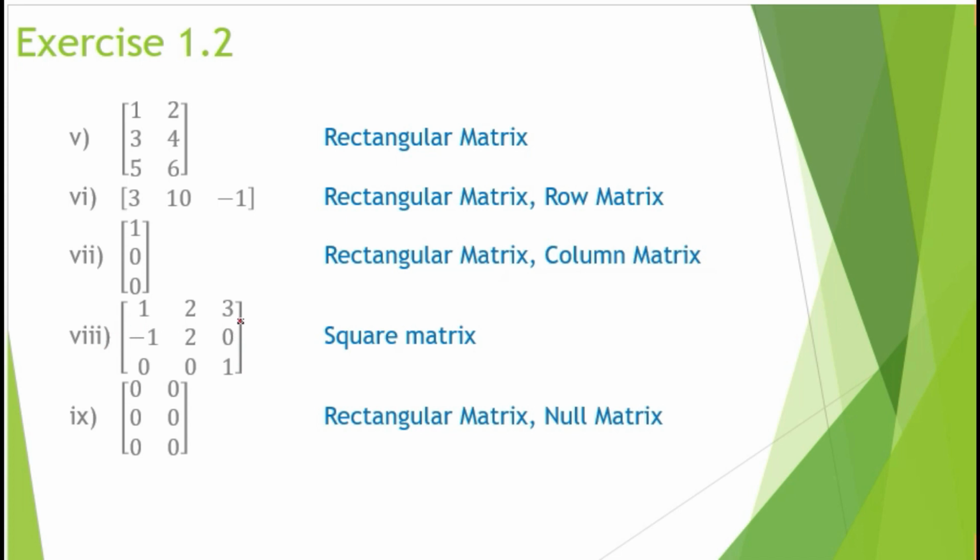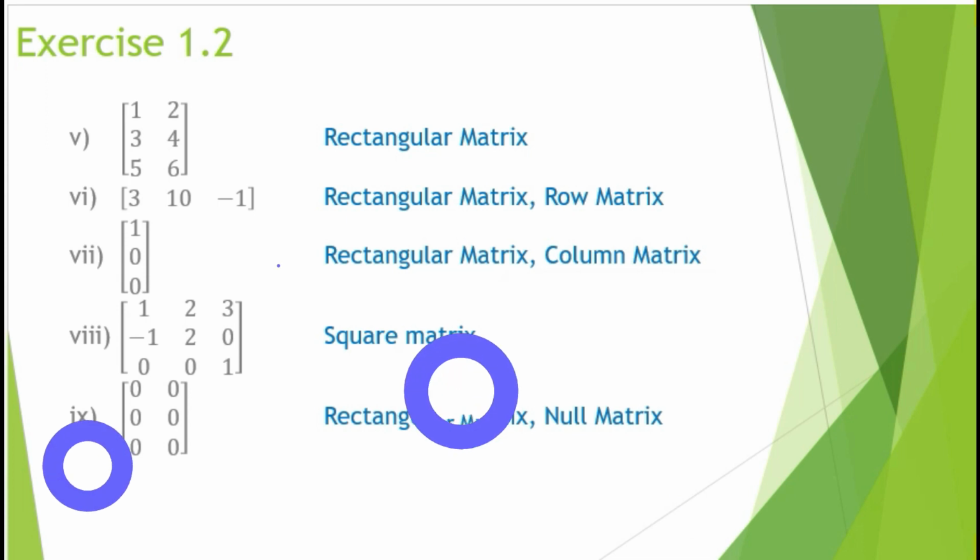So in this matrix 3 rows and 3 columns, so this is a square matrix. And in next question, the number of rows is not equal to the number of columns because there are 3 rows and 2 columns, so this is a rectangular matrix. And it's also a null matrix because all the entries are equal to 0.